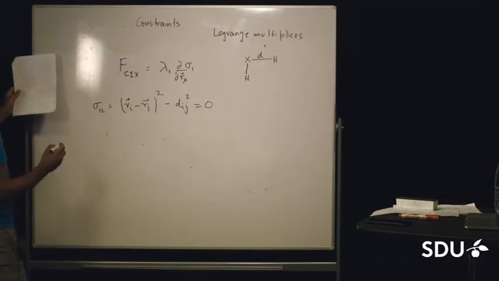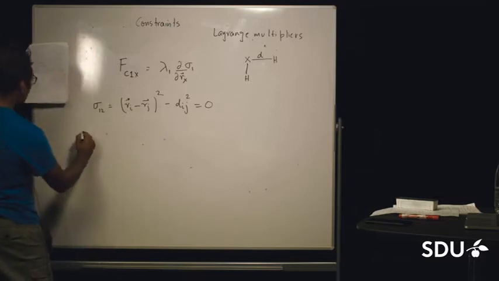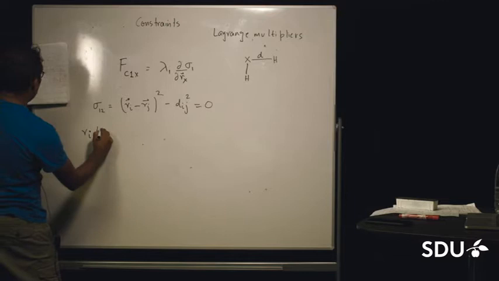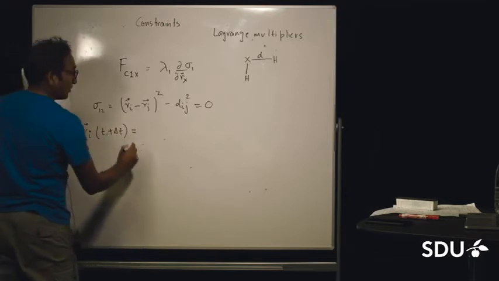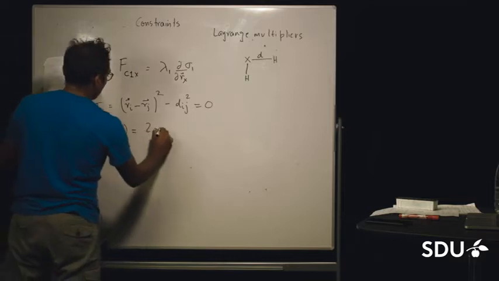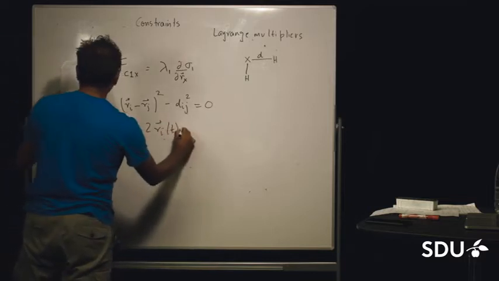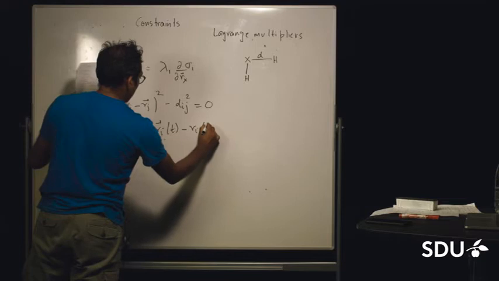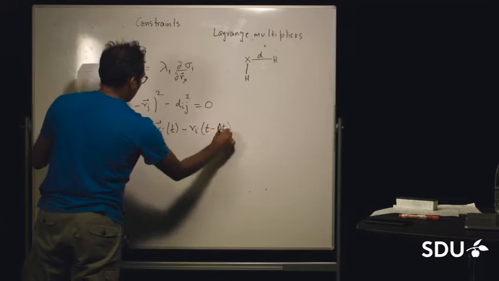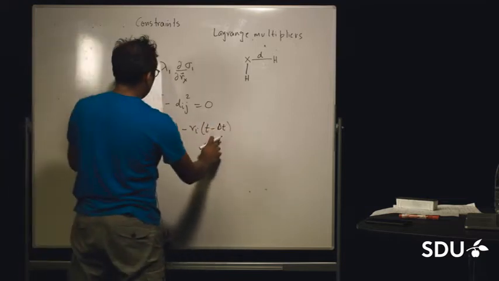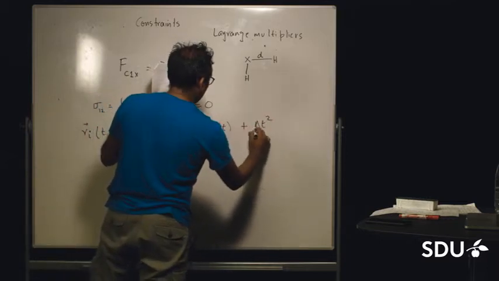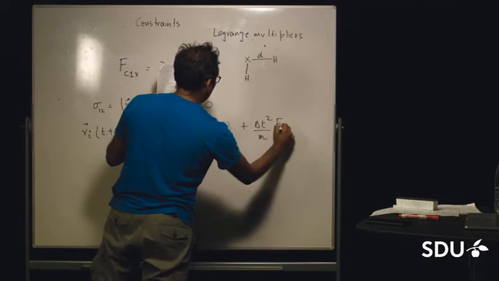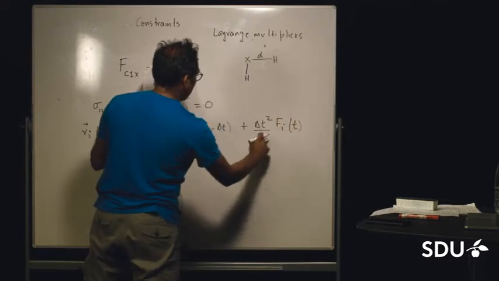So the equations of motion get modified as follows. For any particle i, according to the Verlet integration scheme, this is what the equation of motion looks like. The positions at time t minus the positions at time t minus delta t, plus the acceleration, which is all the forces on particle i divided by the mass.